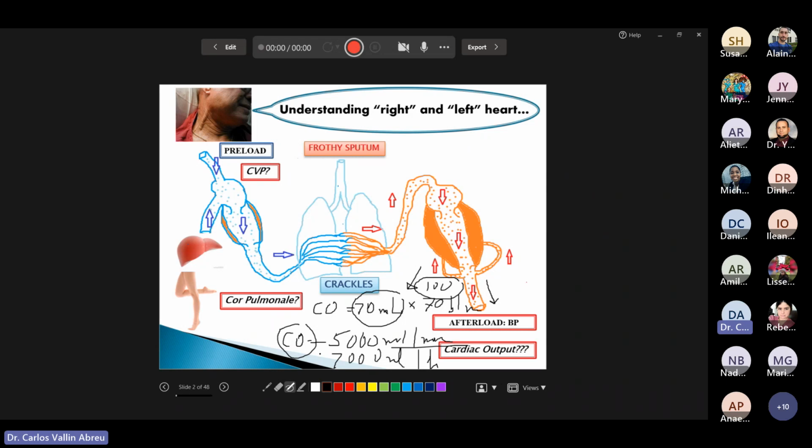And that's okay, doing exercise, you need more oxygen in your muscle to produce more ATP to be able to climb all those stairs. So now the heart will catch up with the increased needs of the muscles, the body, to do this exercise, and increases the cardiac output from 5,000 to 7,000.